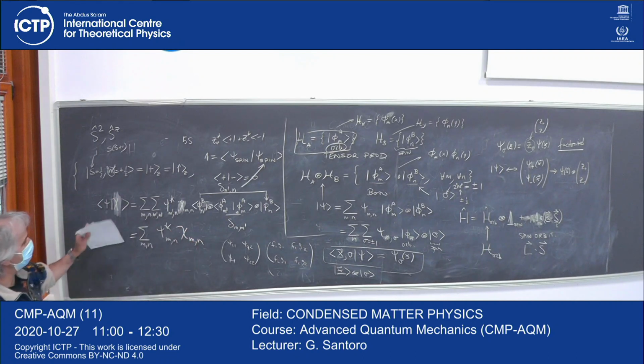So the scalar product of two elements is calculated in this way. Is it clear? So please read this page and a half of the notes carefully to get some proficiency with tensor products. Good. I think we can stop.